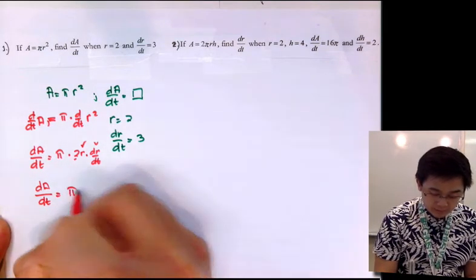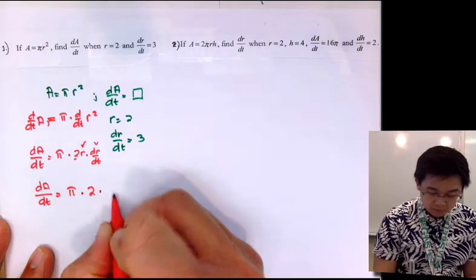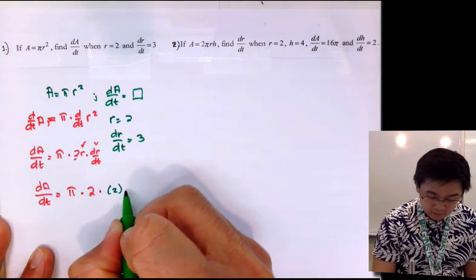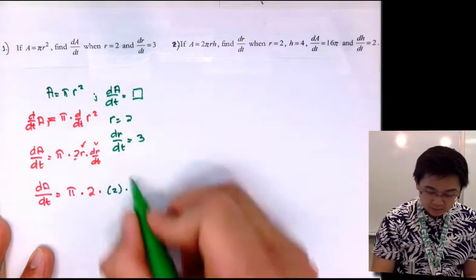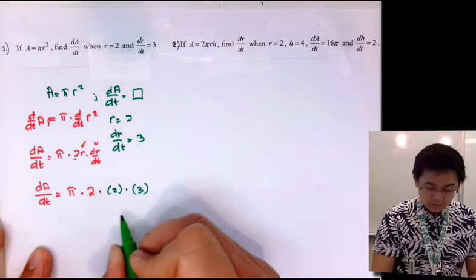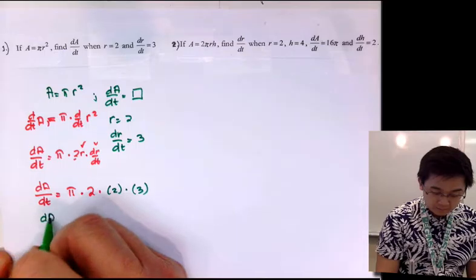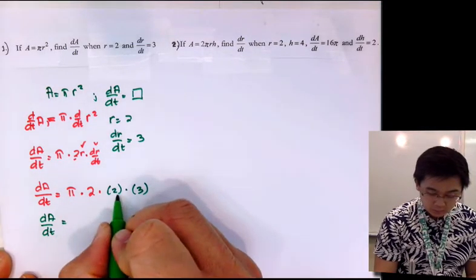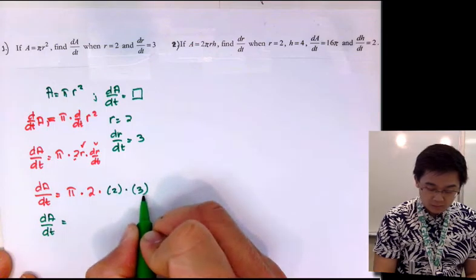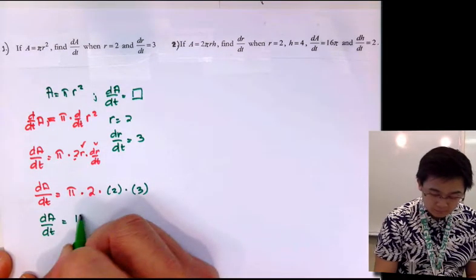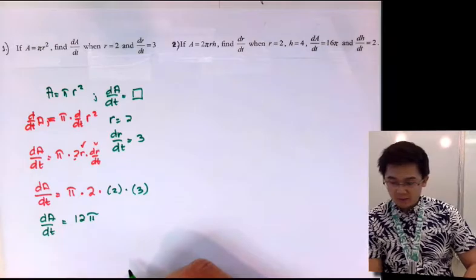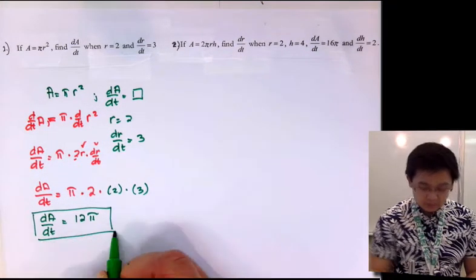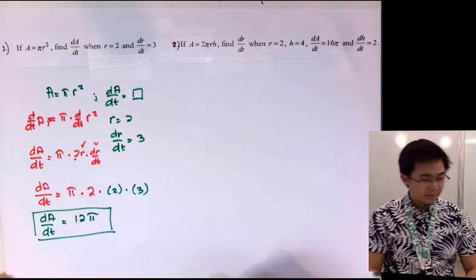So we have pi multiplied by 2 multiplied by the value of r, which is 2, and multiplied by the value of dr dt, which is 3. Therefore, dA over dt is simply 2 times 2 is 4 times 3 is 12 pi. So this is the derivative of the first problem, 12 pi.